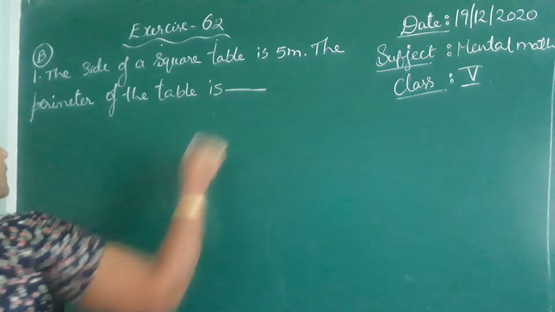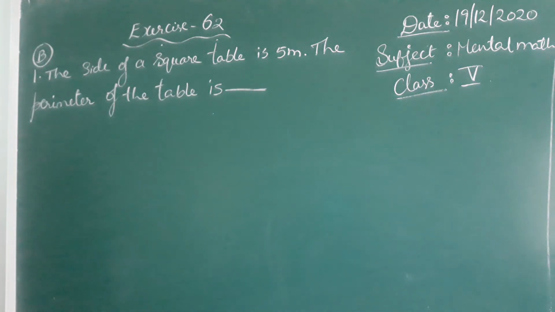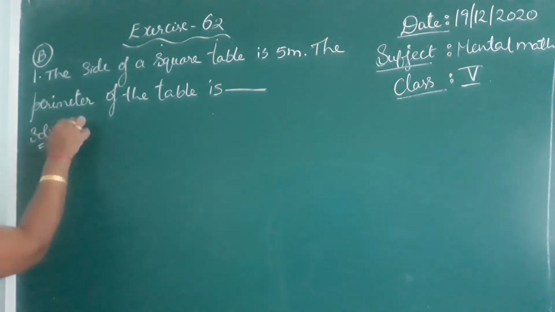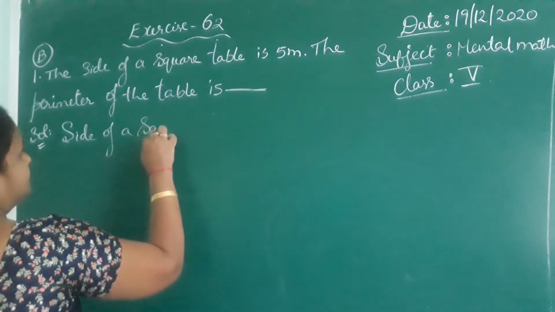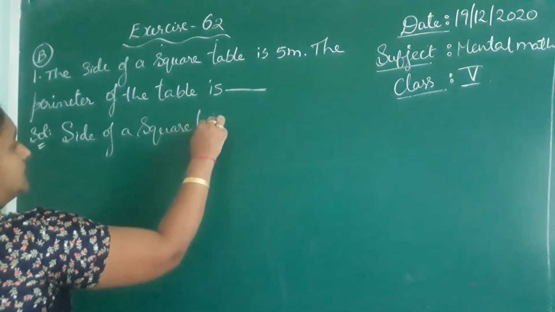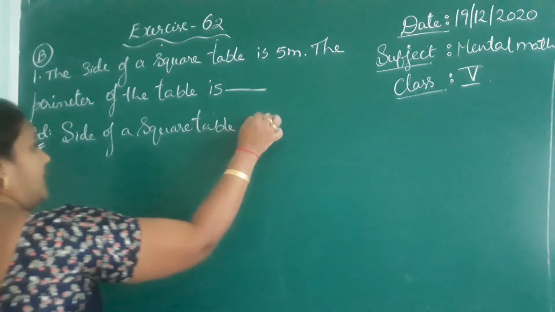What is the perimeter of the table? The given side of the square table is nothing but 5 meters.